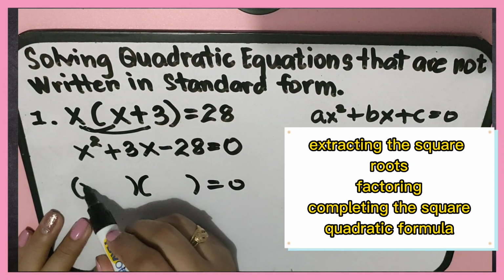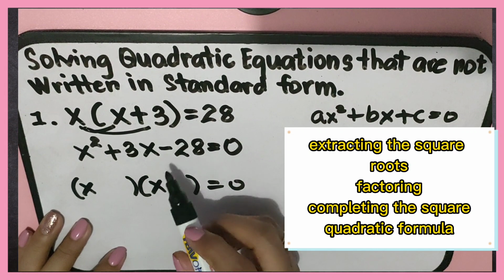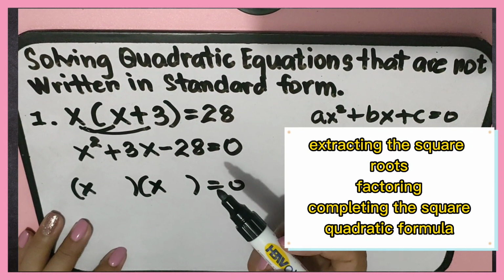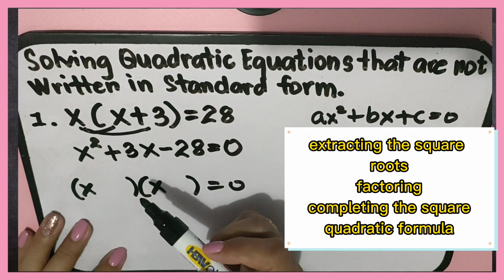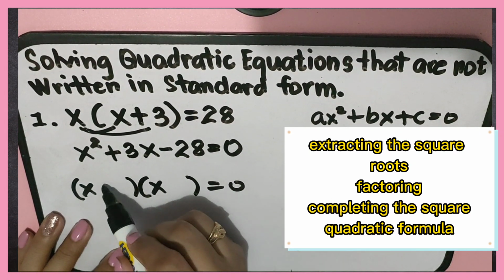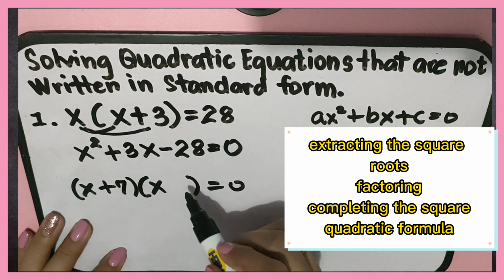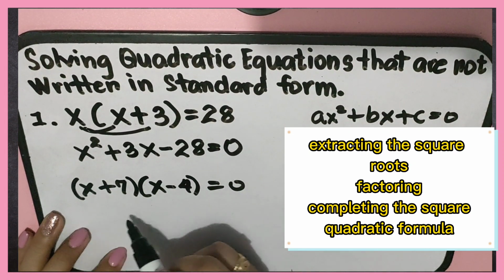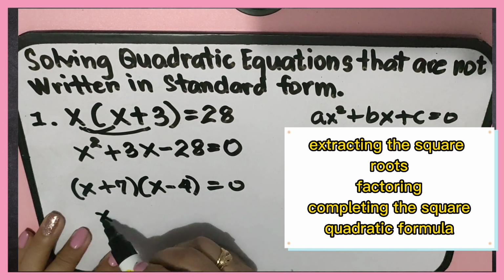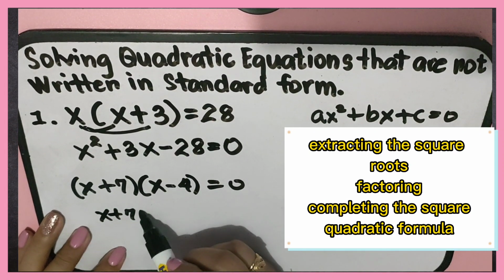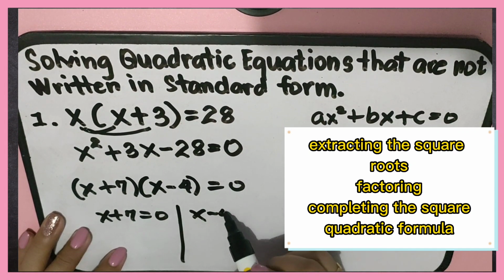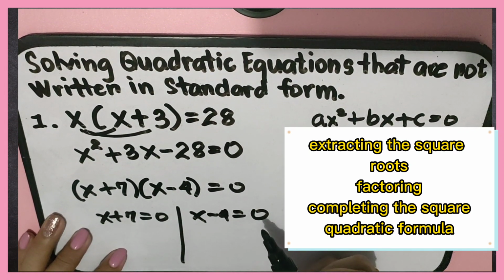So factor x squared, and then factor negative 28. Then do not forget that the sum is 3x. So we have positive 7 and negative 4. So we have x plus 7 equals 0, and then x minus 4 equals 0.